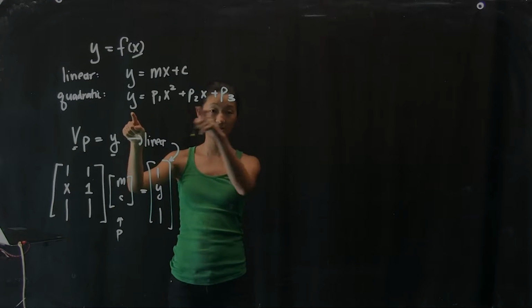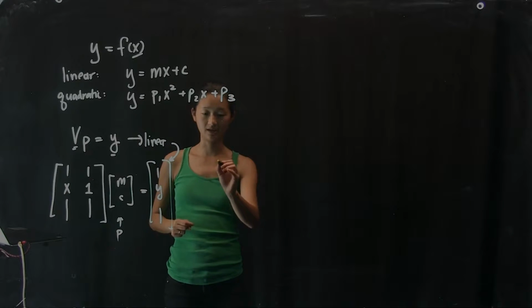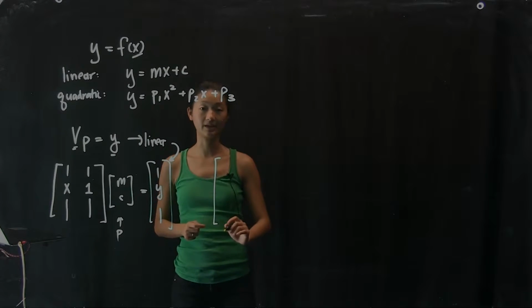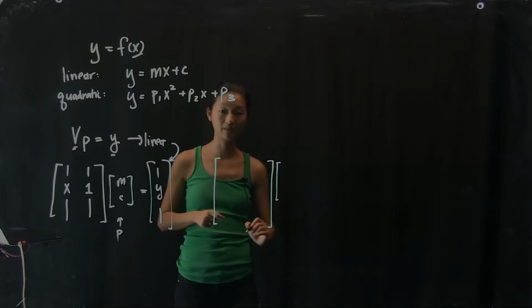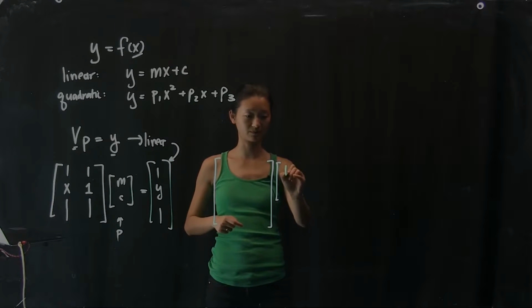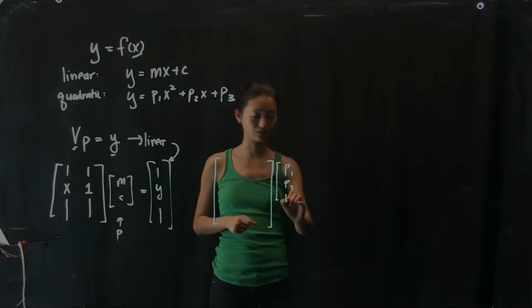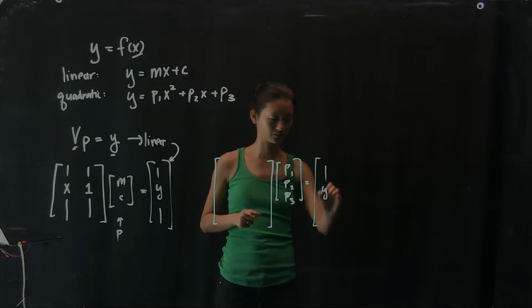Note that you can write this quadratic equation in matrix form in the following way. First, we look at our parameters and enumerate them. We have three unknown parameters, P1, P2, and P3, so I'm going to write them here. And again, I'm going to have all of the Y coordinates right here.